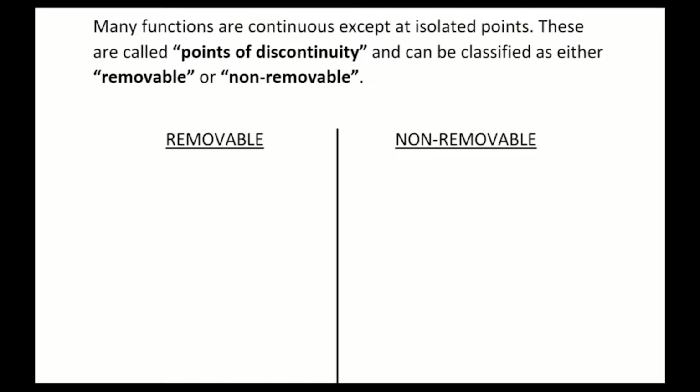So we want to classify these points of discontinuity as either removable or non-removable. A removable point of discontinuity is one in which you are basically missing only one point. If you can either add or move a single point, and that would cause the function to be continuous at that point, it is considered a removable discontinuity.